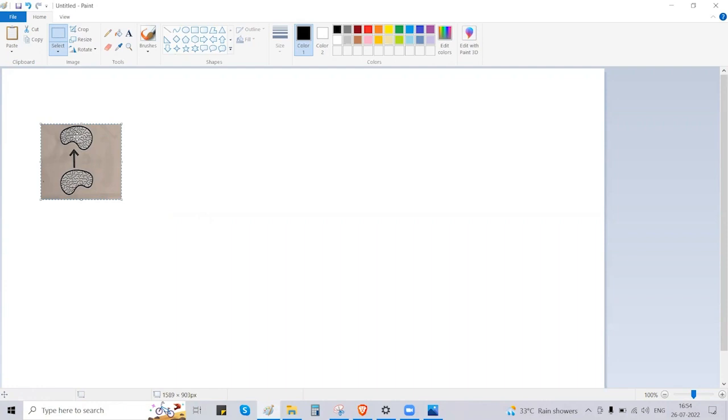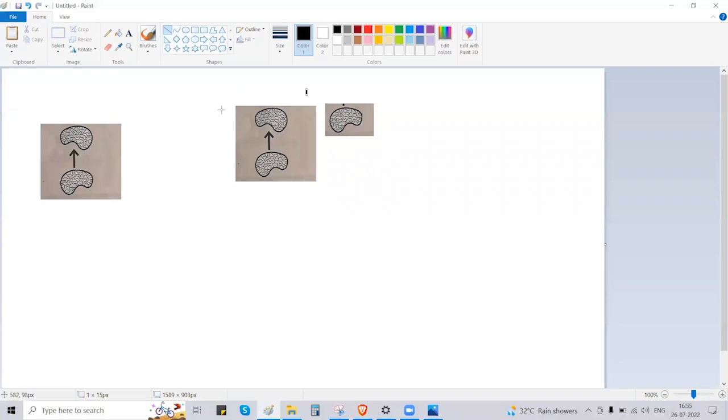Now let's try one more thing. This is the first one. Now what we can see from these two images is they both are the same if we keep a mirror just between both of them, isn't it?